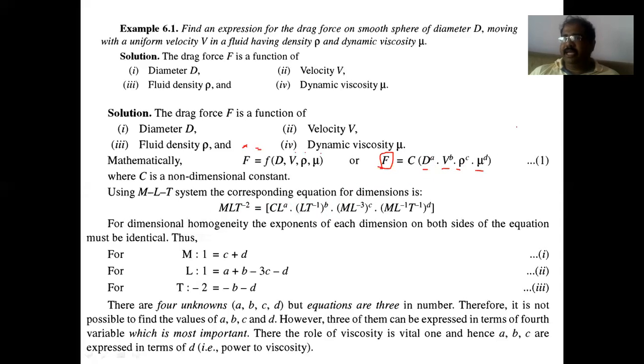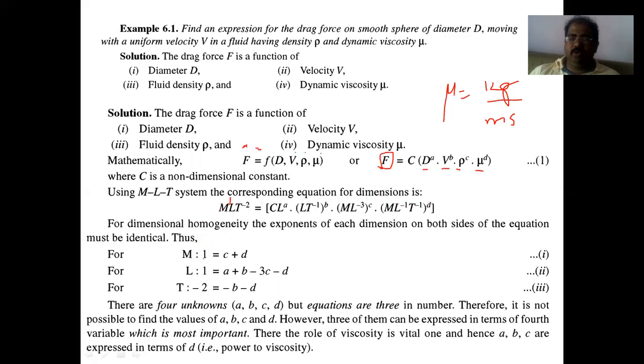Rho is kg per meter cube, denoted by (M L^-3) raised to power c. Then mu is kg per meter second, denoted by (M L^-1 T^-1) raised to power d.